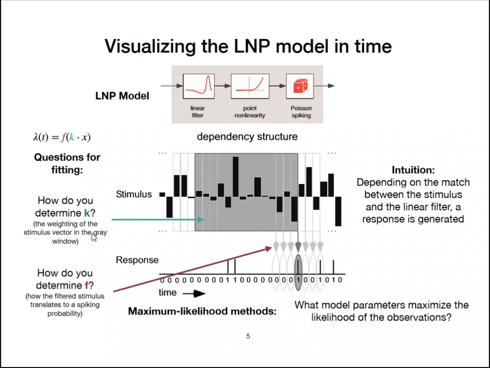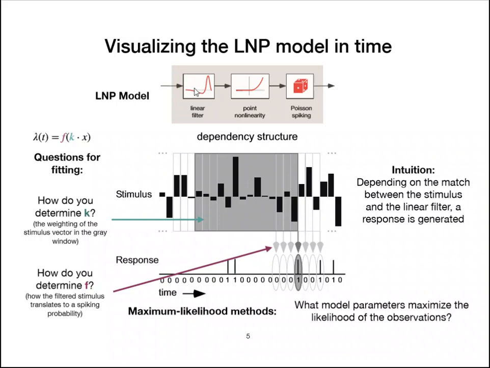So how do we determine K and F? We determine some arbitrary time step called dt, or a range of time, and combine the stimulus into, say, an average.